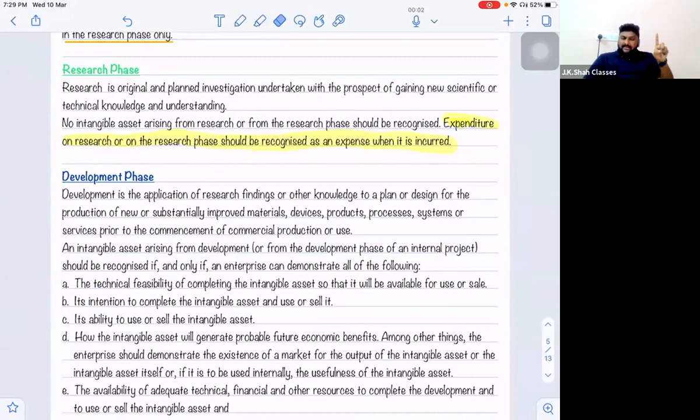So the day when you are incurring development expenses and after some time the asset meets the recognition criteria, from that day you can consider it to be capitalized in the books of accounts.